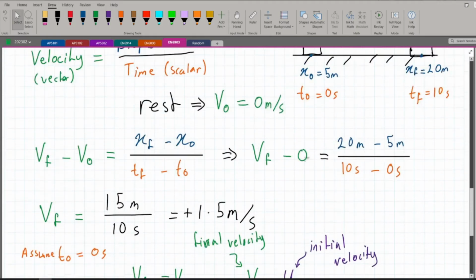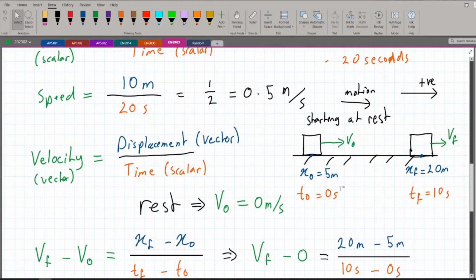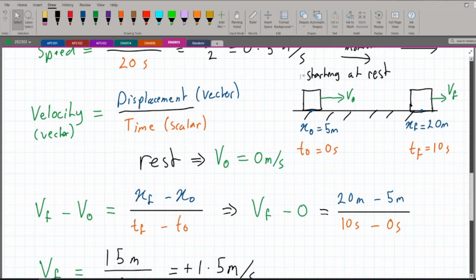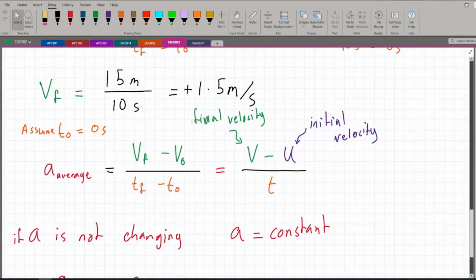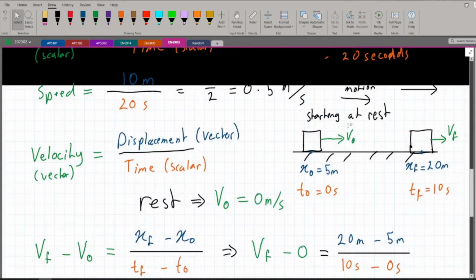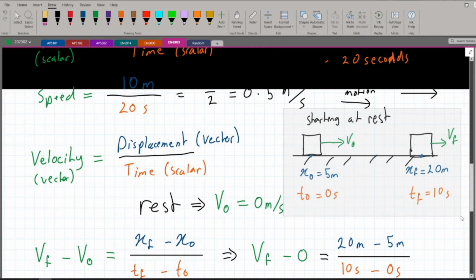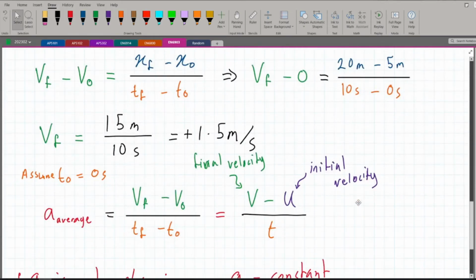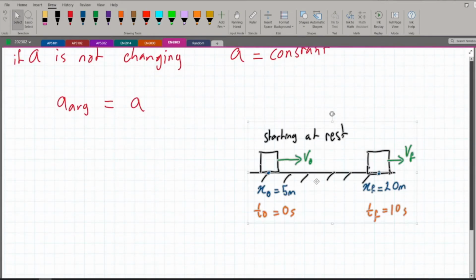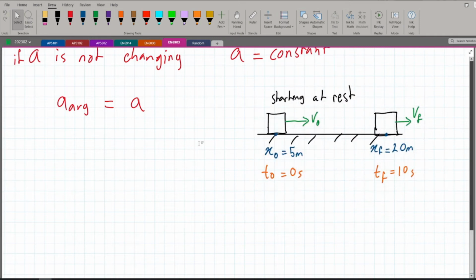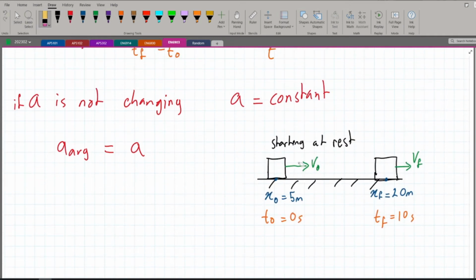So now, going back to the same question, we have determined our final velocity early on, from this previous question. Let me just bring it back down over here. So from this question, we can rewrite this now as this being u, meaning it is our initial velocity, and this being v, which is our final velocity.